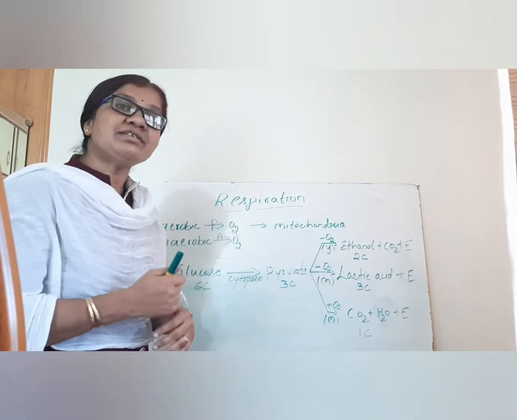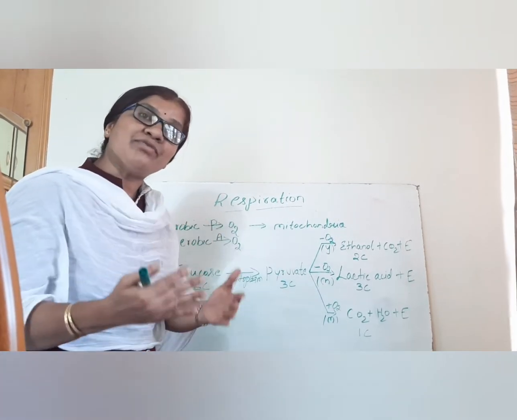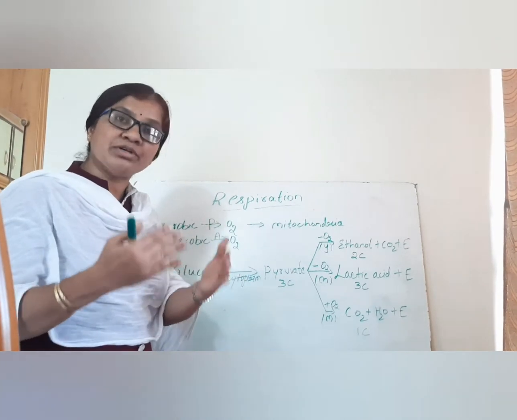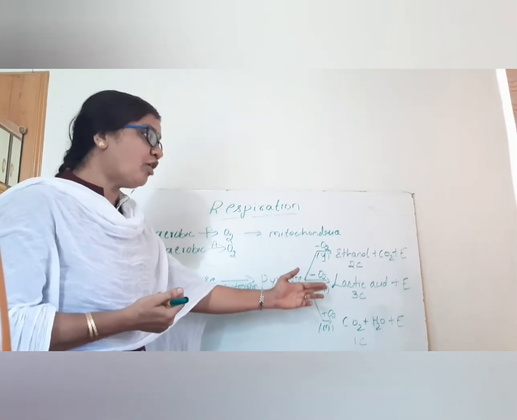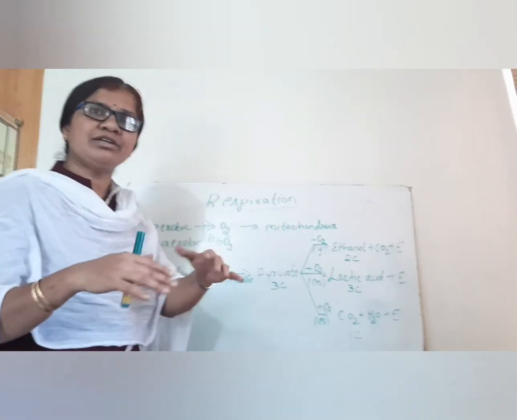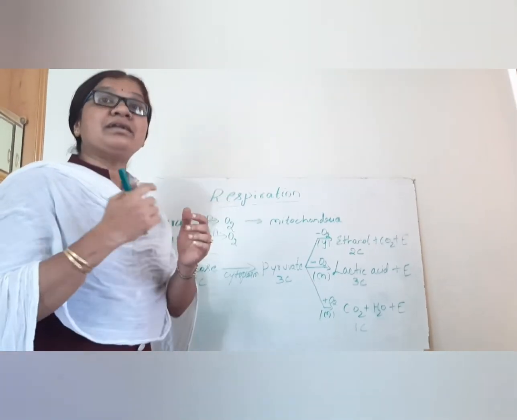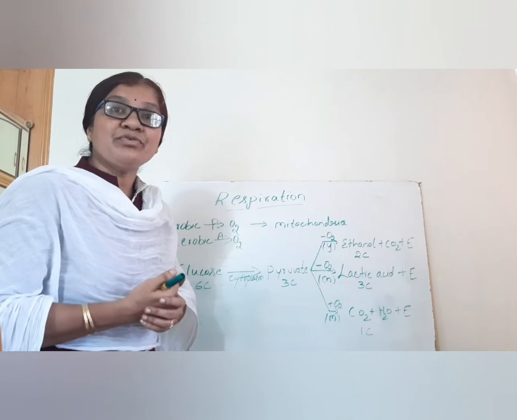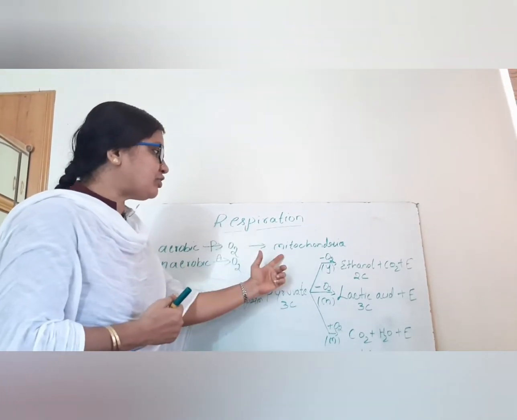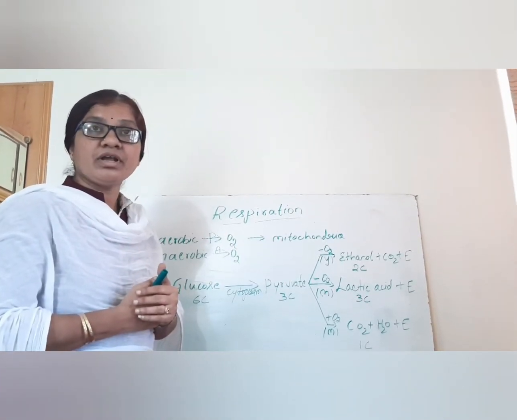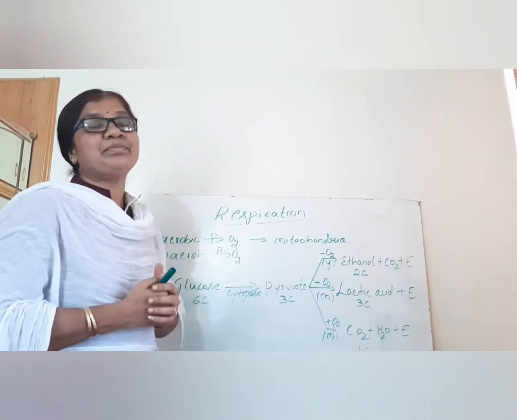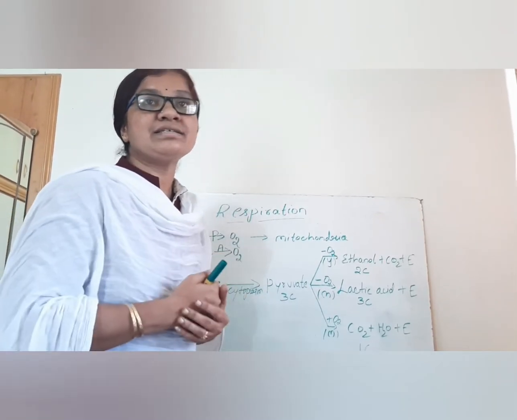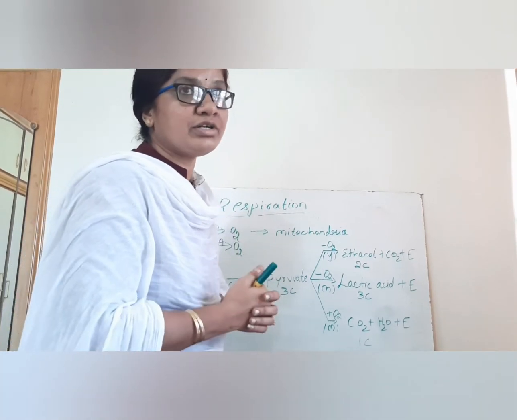The pyruvate should then be broken down into water and carbon dioxide, or lactic acid or ethanol. The pyruvate enters the mitochondria and is broken down to release carbon dioxide and water.